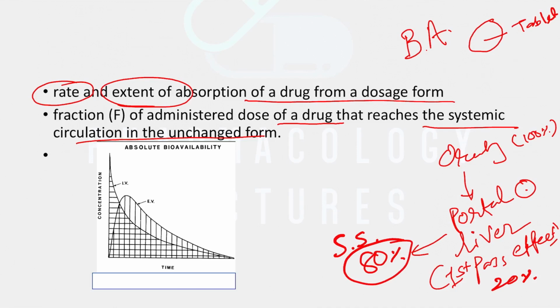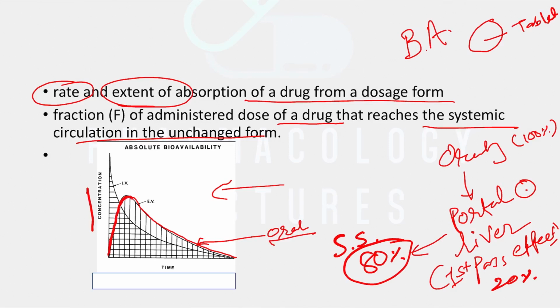Now if we see this chart, it shows two figures. One figure shows a graph in this shape, and this is after oral administration. This graph shows the drug amount after oral administration, because when you administer orally, the concentration of that particular drug increases.